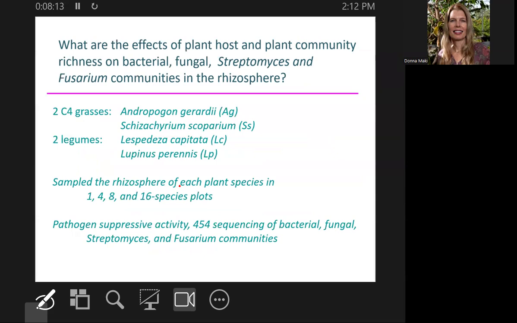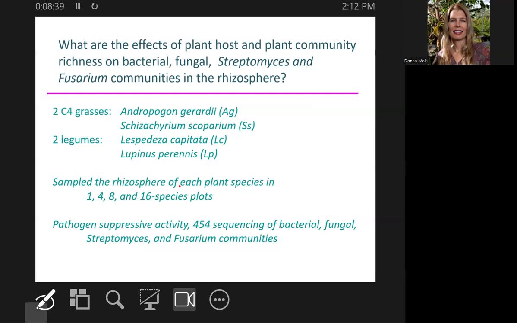It's not terribly important for this, but she had two C4 grasses and two legumes. And legumes are the plants that are well known to have that relationship with bacteria to do nitrogen fixation. And so the ones that start with L are the legumes, and the other two, the A and the S, that you'll see in these abbreviations are the C4 grasses.